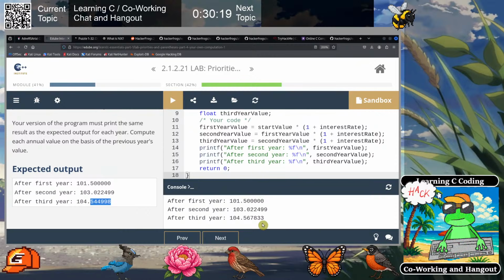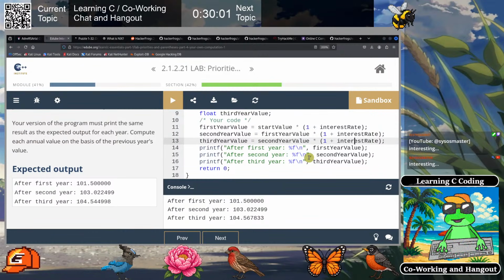What went wrong here? We take the first year, the second year is based on the first year, and then we multiply again. The third year takes the second year, and then we multiply again. Why do we get a different value?